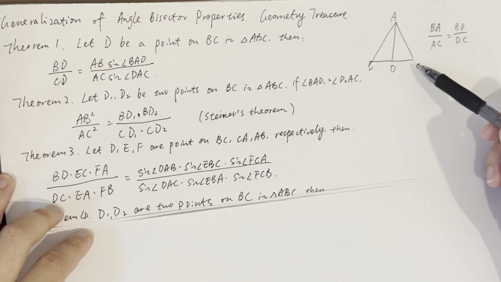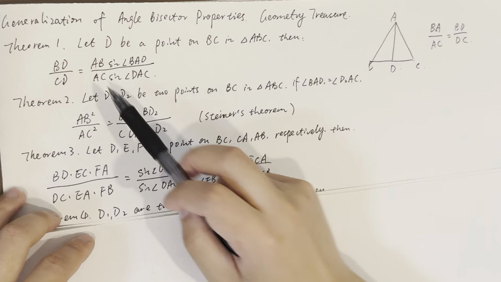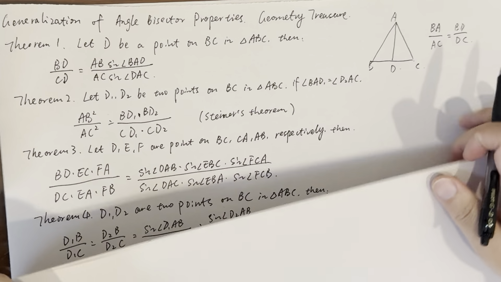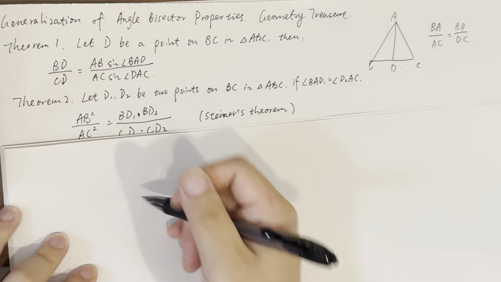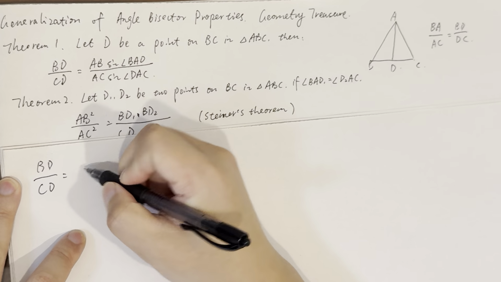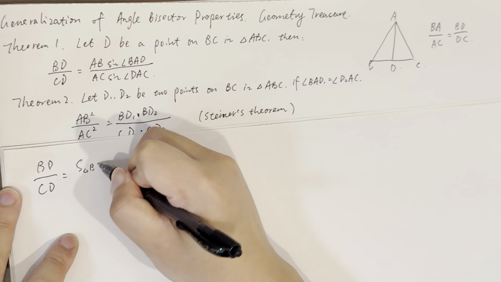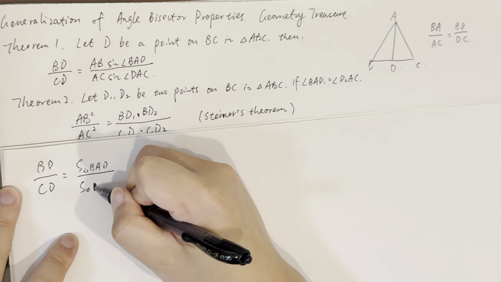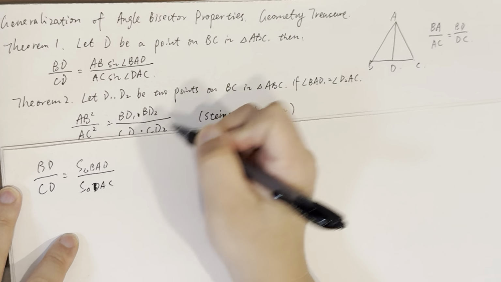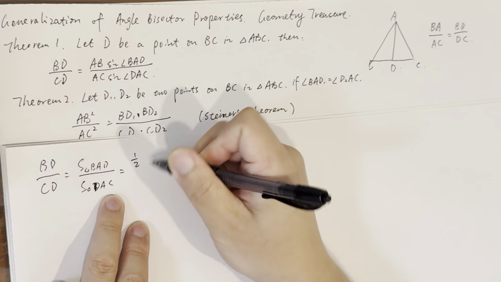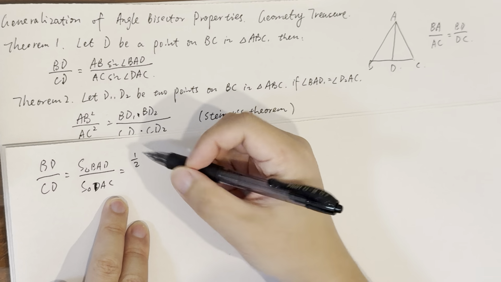BD to CD equals AB sine angle BAD to AC sine angle DAC, right? This is obvious because we can just do this. BD to CD equals the area of triangle BAD to the area of triangle DAC, right? And it equals half of, what is the area of triangle BAD?